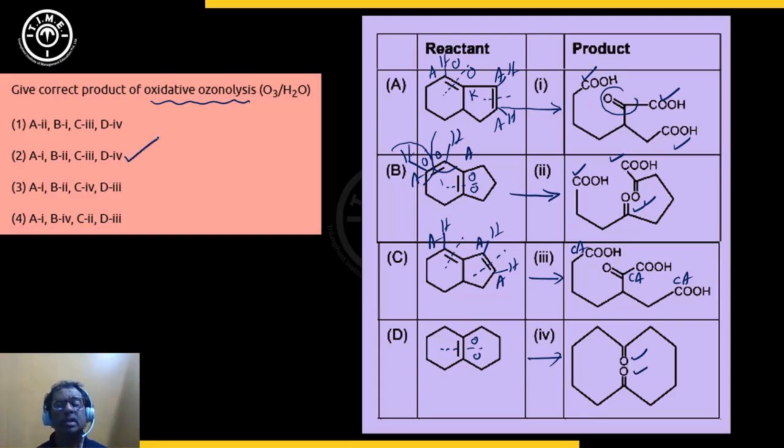Here. So for this you need to take a separate sheet and put the structure, a bigger structure for clarity, and then start putting the reductive ozonolysis product. Once you put the reductive ozonolysis product, whenever aldehyde is there, that is going to turn into carboxylic acid, the ketone will remain as ketone. So with this, I hope we have sufficiently understood both types of ozonolysis, reductive or oxidative, whether cyclic or acyclic, whether alkene or alkyne, right?